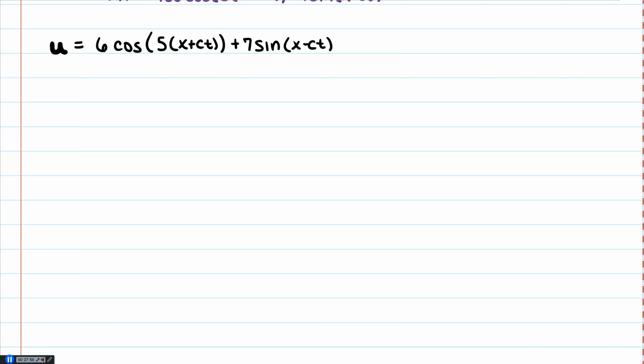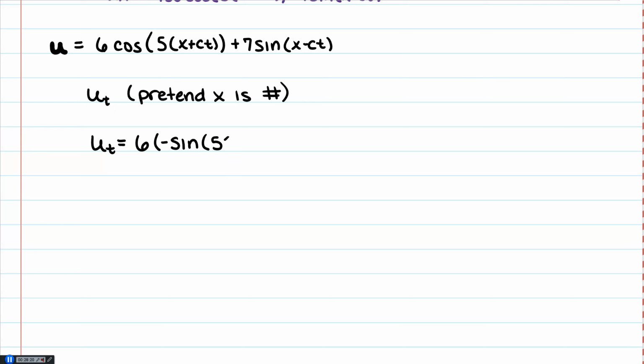So to start, we'll do u sub t. So that means pretend x is a number, just whatever number. It's fixed. So here, the first term, 6, and then the derivative of cosine is negative sine. And then we have to times by the derivative of the inside.